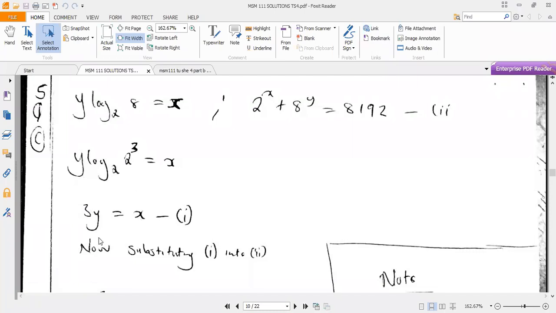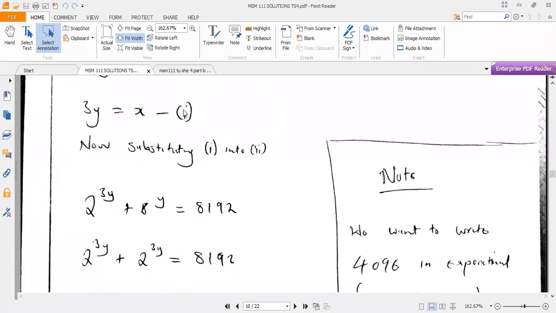Now we put equation 1 into equation 2. We know that x is equal to 3y, so in equation 2, where there's x, we put 3y: 2 to the power 3y plus 8 to the power y is equal to 8,192.